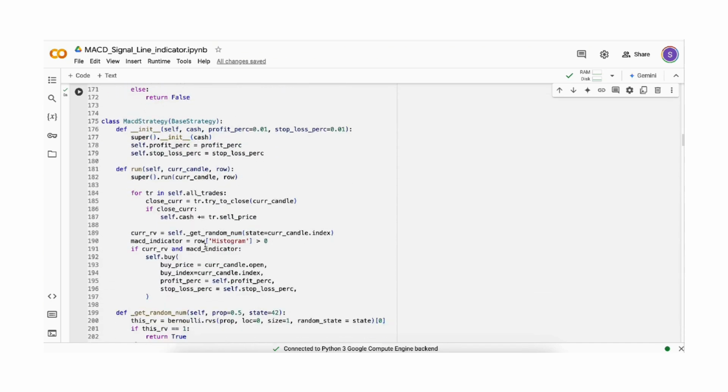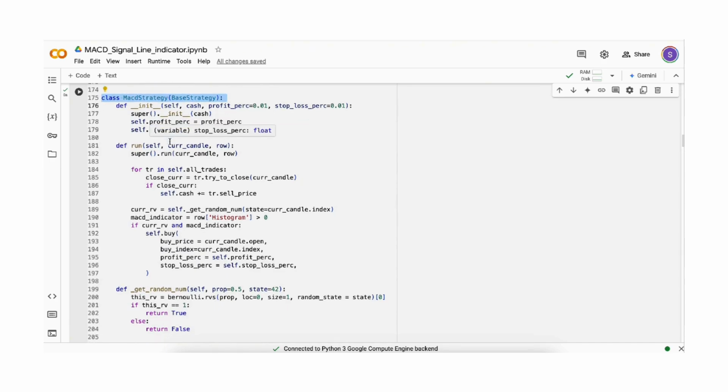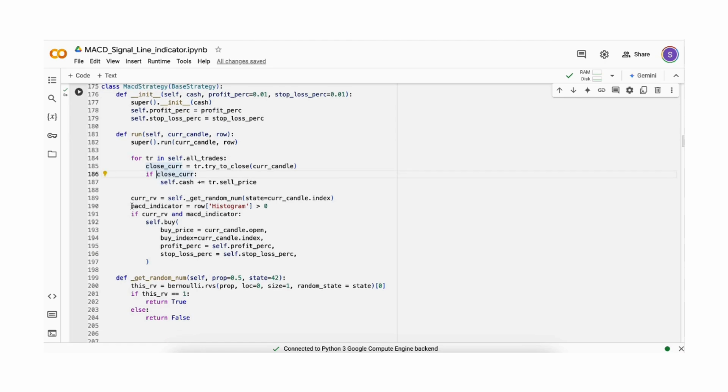And then we define here the MACD strategy. The MACD strategy has a different entry condition here. It just says if the MACD histogram is larger than 0, which means that we are in the green part of the histogram, and then we just add it to our random condition. So if the random variable is larger than 0 and the MACD indicator is true, then we buy.